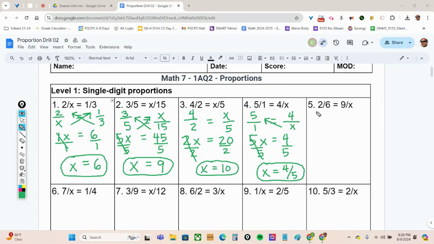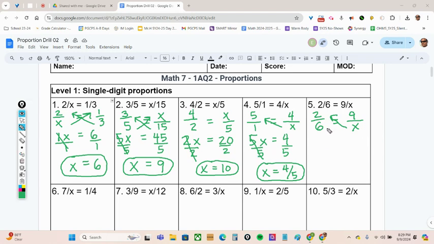Next problem, 2 over 6 equals 9 over x. I'm going to multiply this way first to bring the x on this side. It wouldn't make a difference. Let me just do it like this.